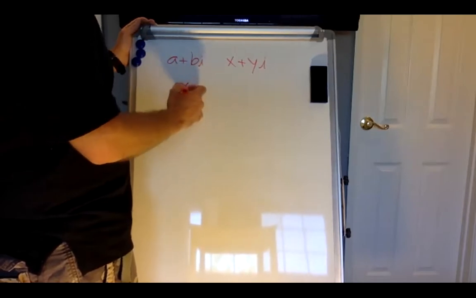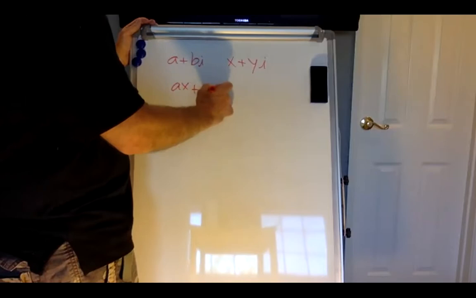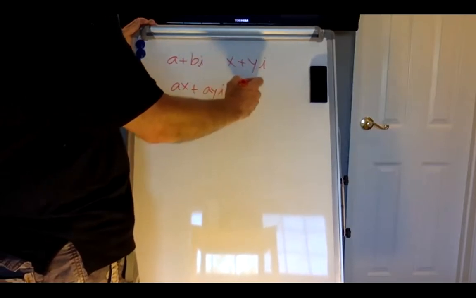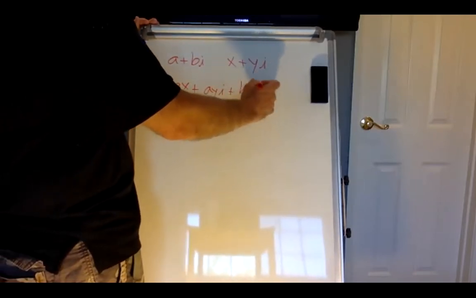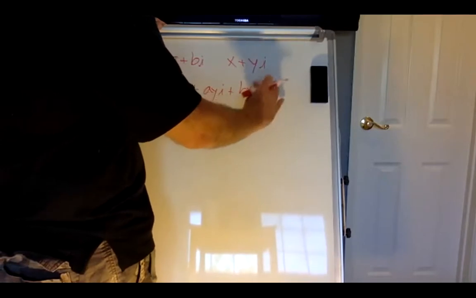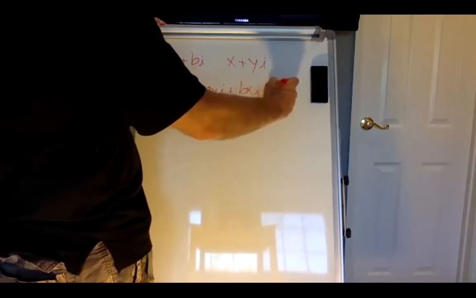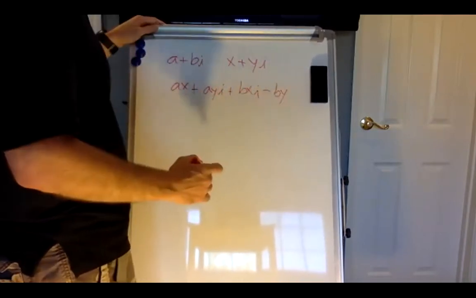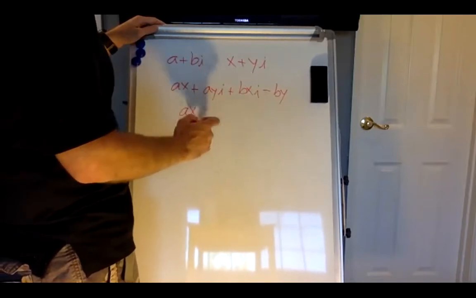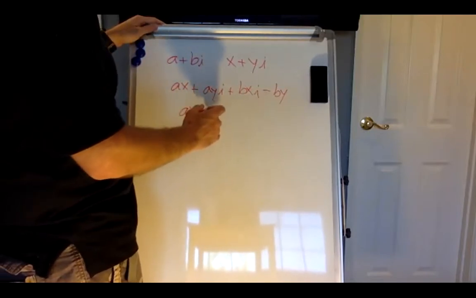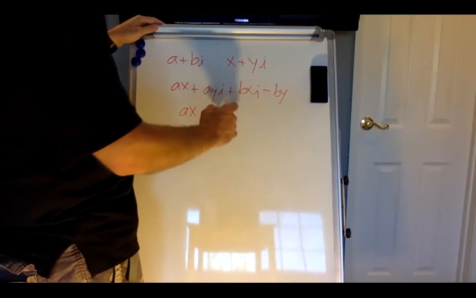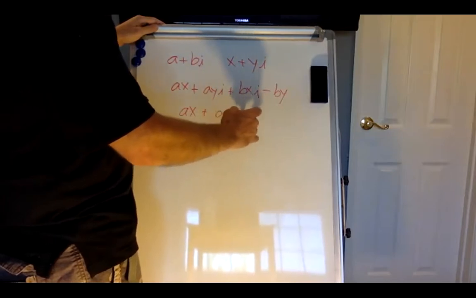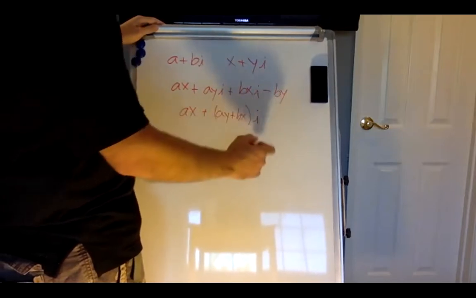You get ax plus ayi plus bxi plus, it would actually be minus by. And then if you factor out ay plus bx, the i gets factored out. And I think that if you reverse that, then it becomes a conjugate.